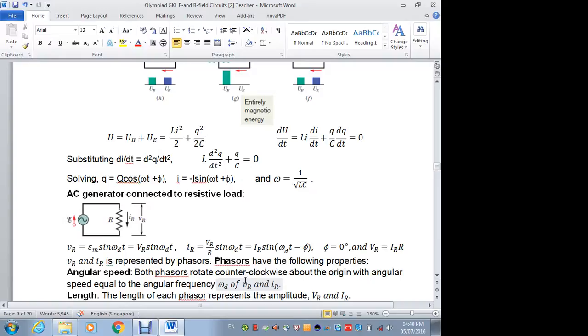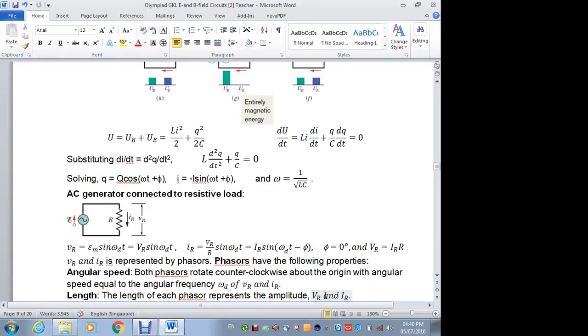If you look at the VR and IR equations, the speed of rotation for the VR phasor and the IR phasor, represented by arrows, is the same because they have the same omega. And the length of each phasor conveniently represents the amplitude, the maximum value.